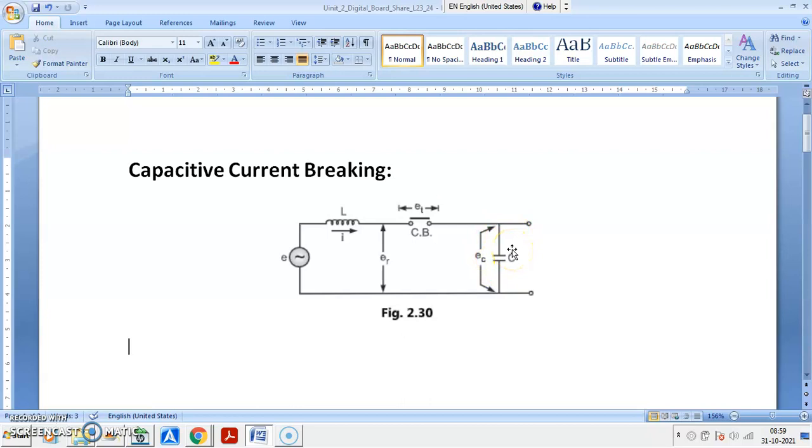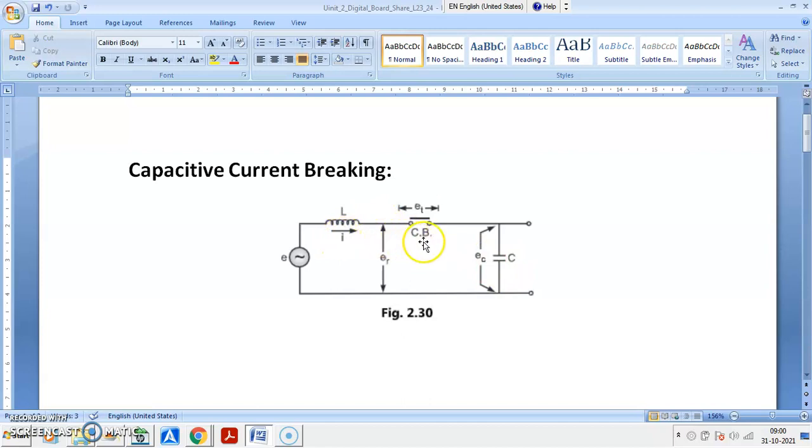So when this line is opened, the current leads the voltage by 90 degrees because of only capacitance. When the line is opened, E is maximum and lags behind I by 90 degrees.